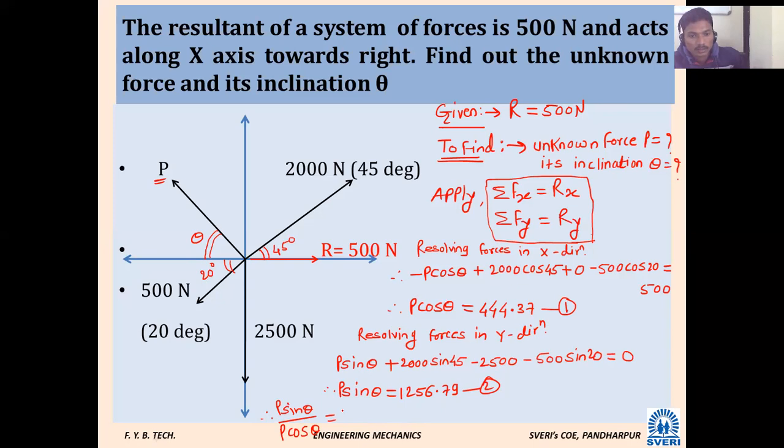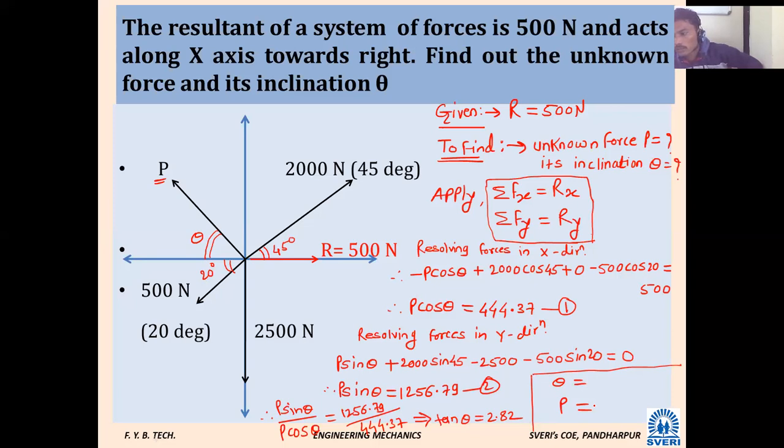Or you can do like this: 1256.79 divided by 444.37, which implies tan theta equal to 2.82. So from that, directly tell me the value of theta. 89.97?